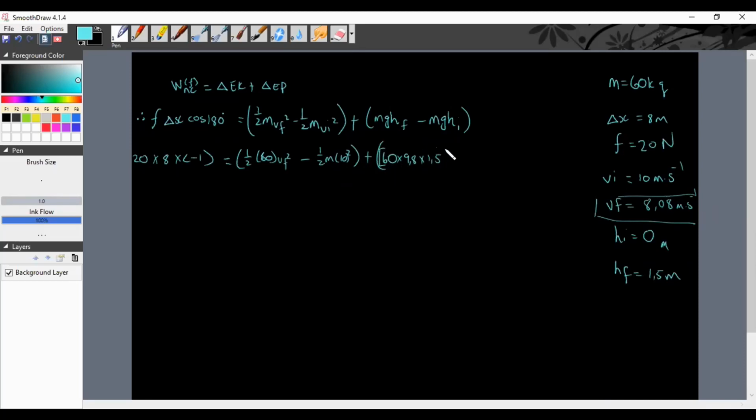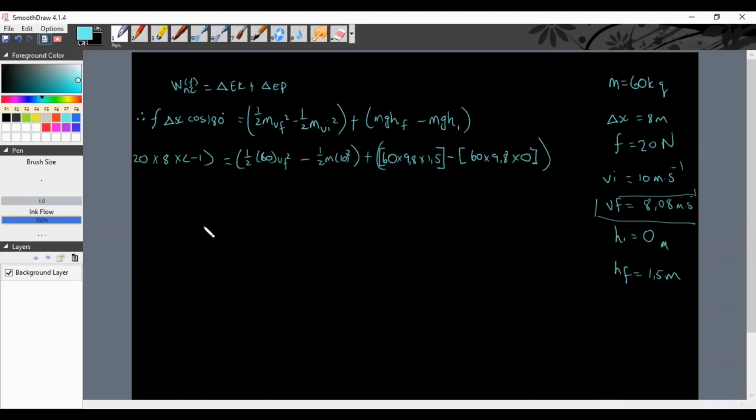We use a square bracket here just to not get confused. Minus square bracket 60 times 9.8 times HI. The value for HI was 0 meters times 0. So I know that's all going to be equal to 0 eventually.